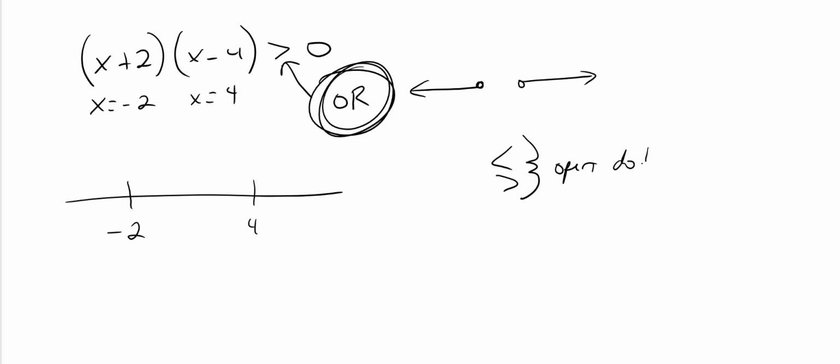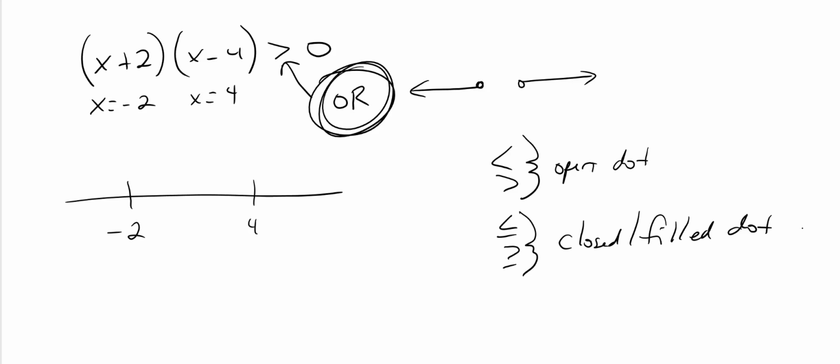If it's less than or equal to or greater than or equal to, it's a closed, or sometimes we say filled, dot. This one is greater than, so it's going to be an open dot. So draw some open dots, and since it's a great-or, it's going to go this way. That's the graph of the solution.